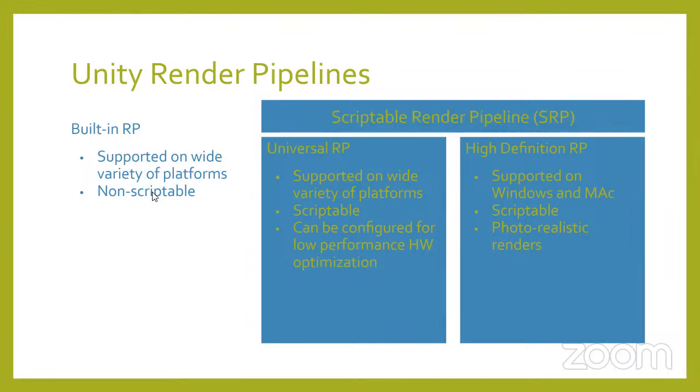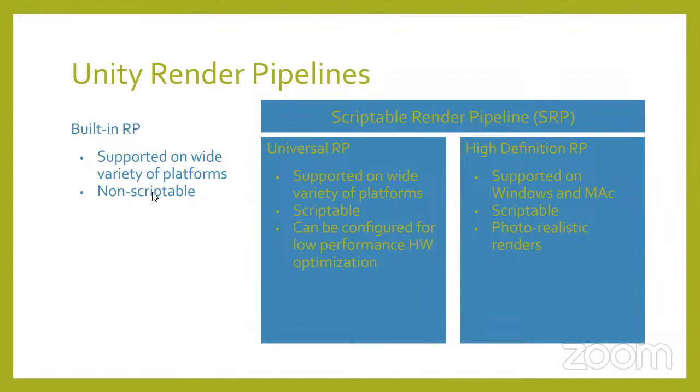I did mention that the big contrast between these two is that one is non-scriptable and the other is scriptable. To elaborate on that, scriptable means that you can modify certain parts of the render pipeline to a degree where it will fit your needs.